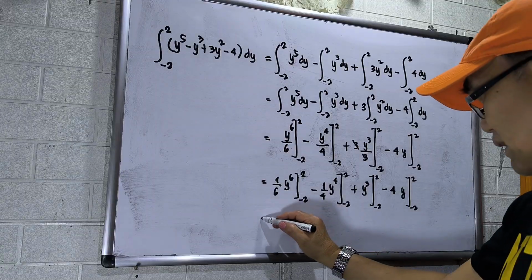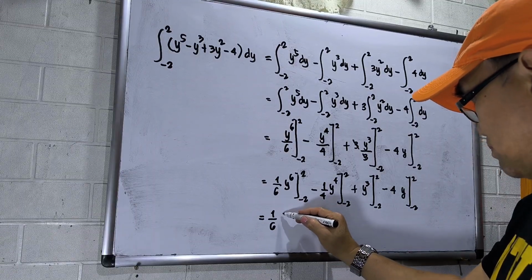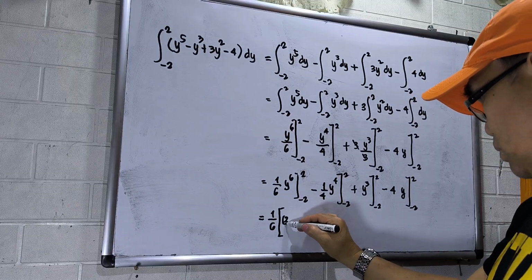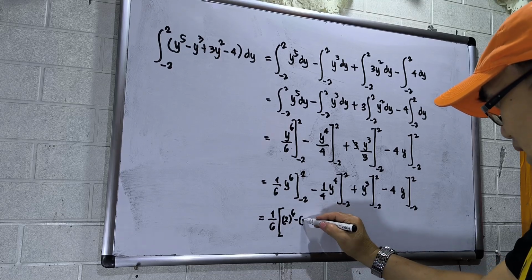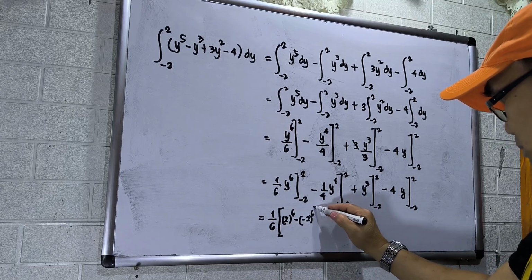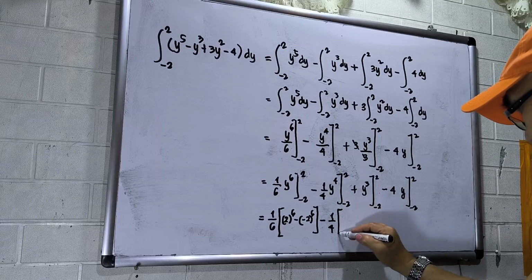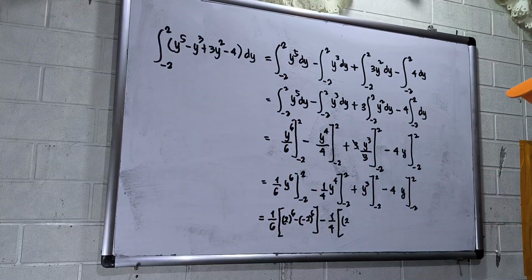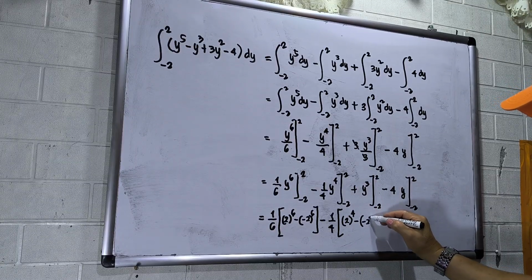Okay? So plug in upper limit minus lower limit. So 1 over 6, square brackets, this will be 2 to the 6 power, then minus negative 2 to the 6 power. Minus 1 over 4, square brackets, circle brackets, 2 raised to the 4th, minus negative 2 raised to the 4th.